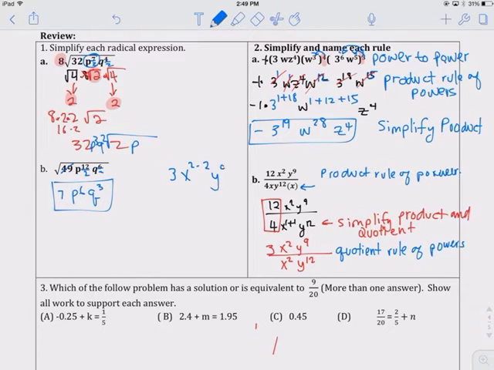And y to the 9 minus 12. Right? And then we simplify the quotient. Simplify the quotient, right? You get 3x to the 0. If you need to write a rule, we simplify a quotient. Y to the negative 3.